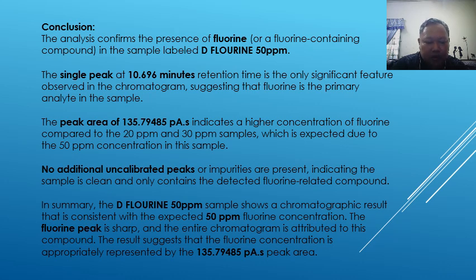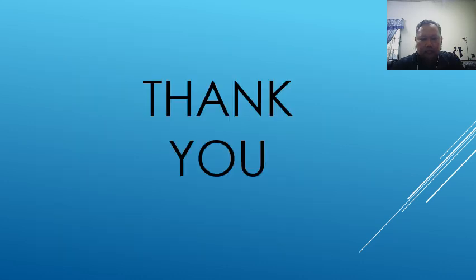The fluorine peak is sharp, and the entire chromatogram is attributed to this compound. The result suggests that the fluorine concentration is appropriately represented by the 135.79485 pA peak area. That's all for now.